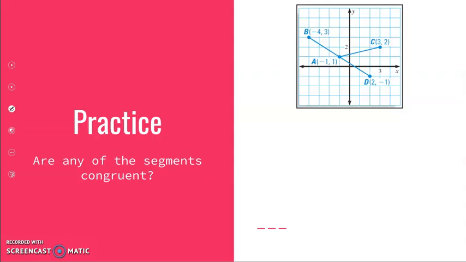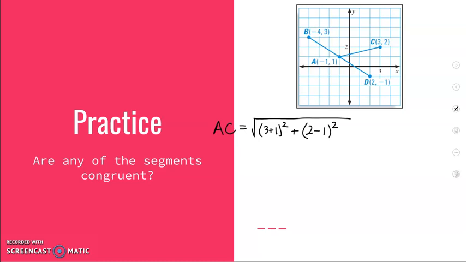All right, the last thing we're going to end with is just a little bit of practice. We're going to see if there are any segments that are congruent in this picture by using distance formula. So let's start with finding the length of segment AC. To do that, we're going to take the square root of x minus x squared. Remember, when you subtract a negative, it becomes positive, plus y minus y squared.